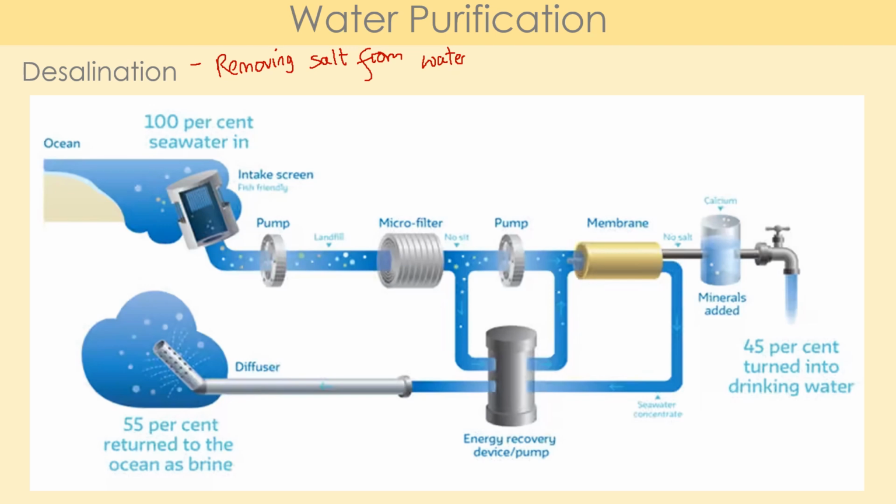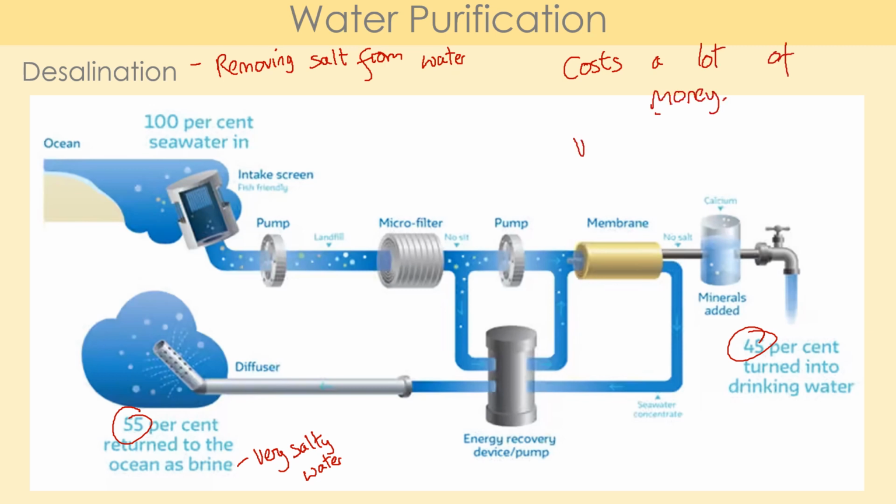It's very, very similar to distillation that we'd have looked at in the previous video for separating techniques, but they do it on a much, much bigger scale. You'll see here, we take in 100% seawater. We only make 45% is drinking water, 55% is returned to the ocean as brine. Brine essentially is very salty water. Now, the problem with this, it costs a lot of money. And it is very inefficient.